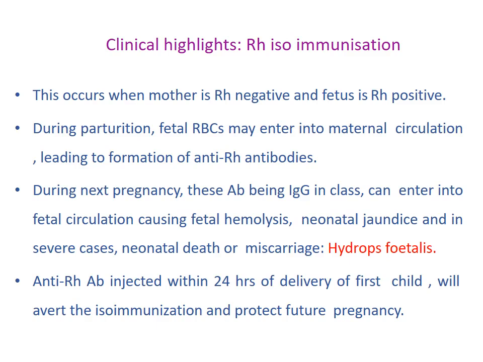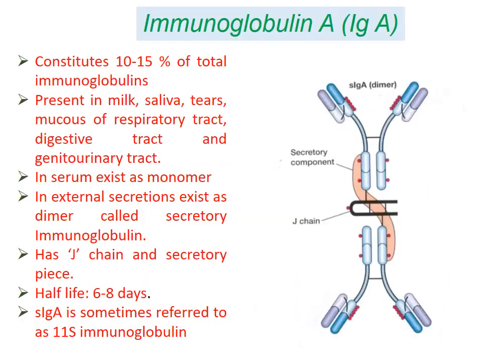Okay, now go to immunoglobulin A. This immunoglobulin A constitutes 10 to 15% of the total immunoglobulin, and it is present in body secretions like milk, saliva, tears, respiratory tract secretion, digestive tract, genitourinary tract secretion, etc. So it is present in the body secretion or body fluid.